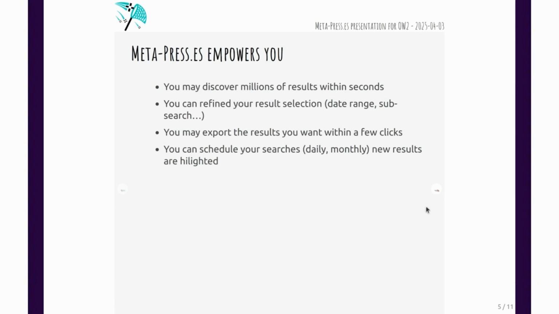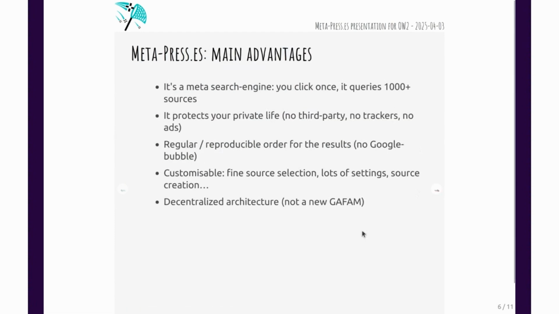That's perfect to make press reviews on a daily basis, but how does it work? So as I said, it spares you the work to query by yourself all the newspapers one by one.